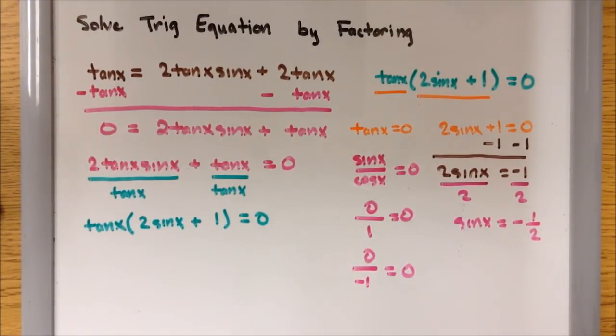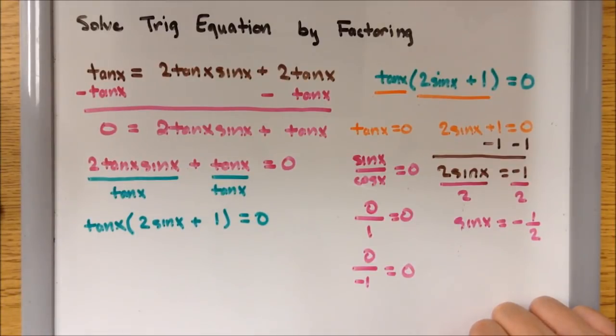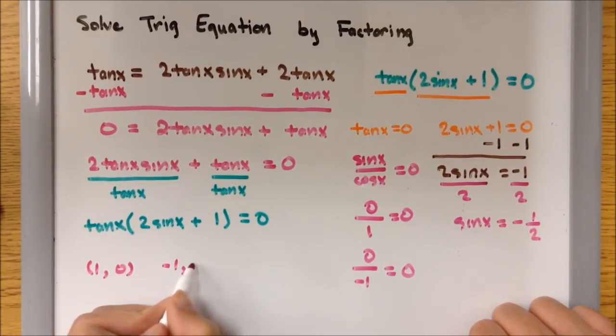So that means sine of x has to be 0. Cosine of x can be 1 and negative 1. So I'm going to write the arrangement here. Now as you look at your unit circle, in parentheses of your exact value, cosine of x comes first, so 1, comma, and then sine of x, which is 0, and then negative 1, comma, 0.